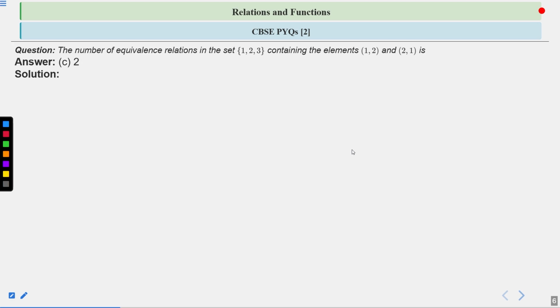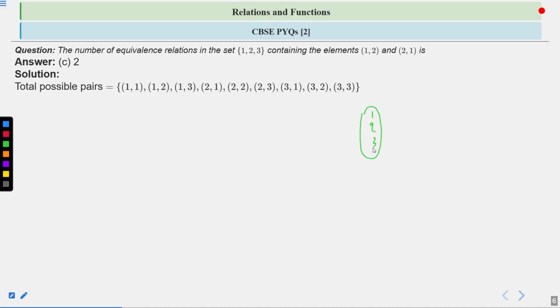The solution is, see, total possible pairs. Suppose we have the set {1, 2, 3} and we have to define a relation from {1, 2, 3} to {1, 2, 3}. So how many pairs can we see? 1 can be related to 1, 2 and 3: (1, 1), (1, 2), (1, 3). 2 can be related with (2, 1), (2, 2) and (2, 3). 3 can be related with (3, 1), (3, 2) and (3, 3).